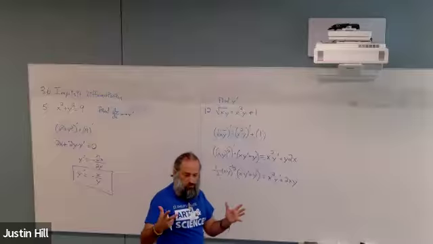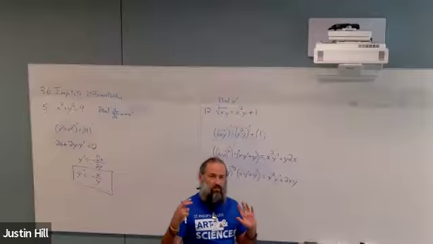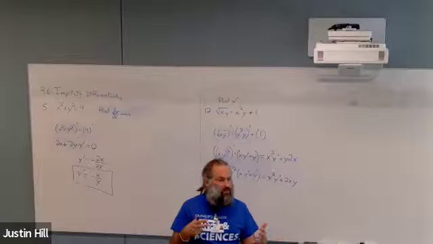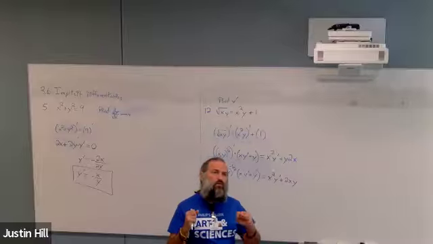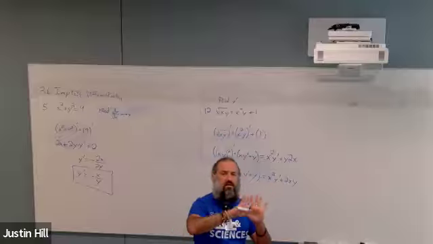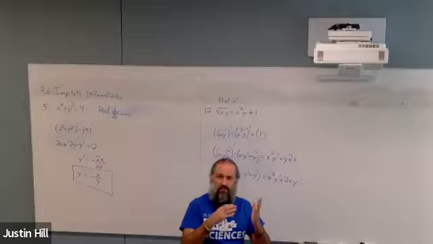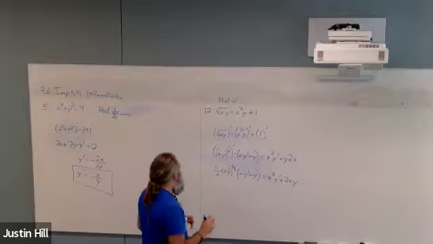That's mathematics, but I would call it strategy more than anything. I want to get the y primes on one side and the other stuff on the other side, so that I can get y prime by itself.